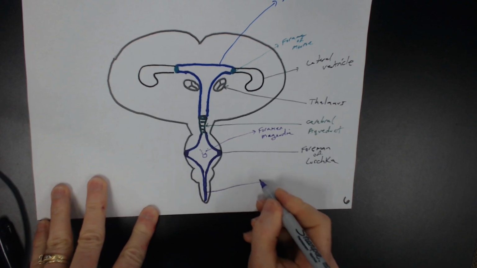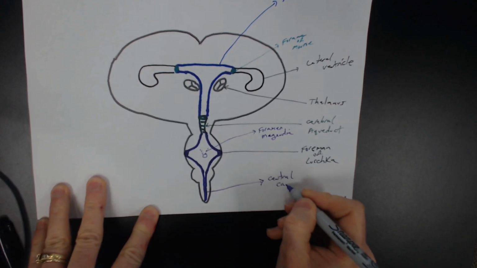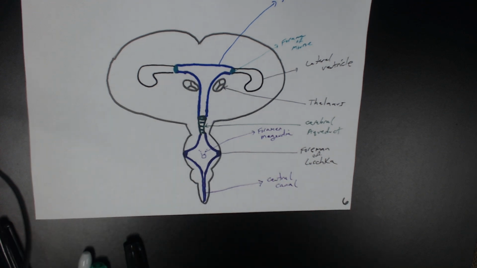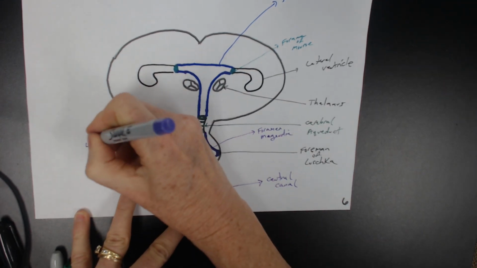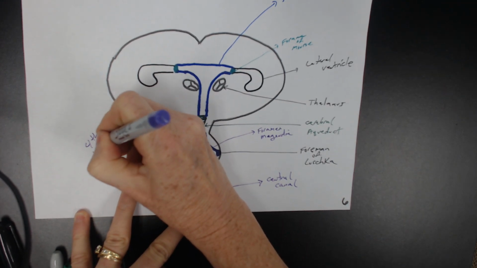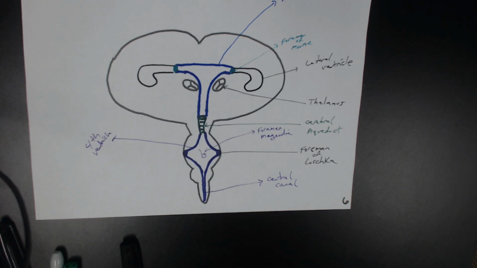And this is going to be your central canal. Label this. This is your fourth ventricle. See where we are now?